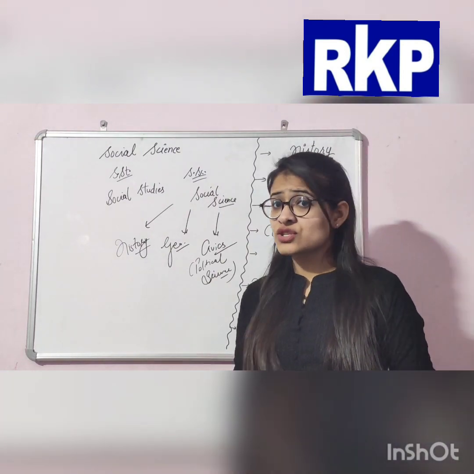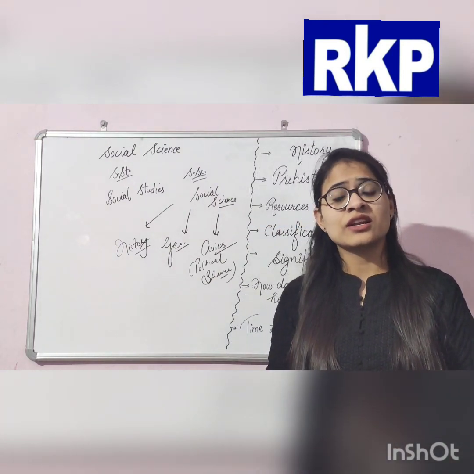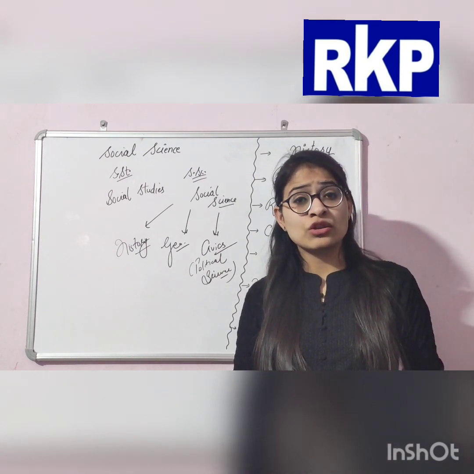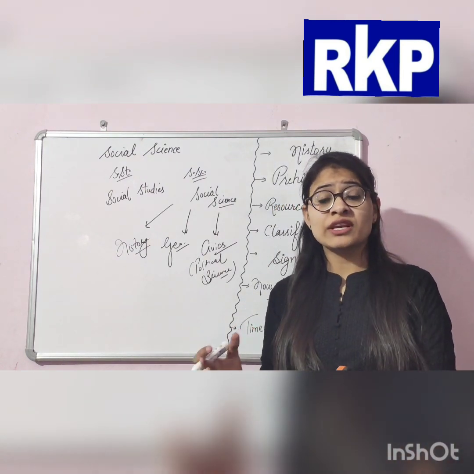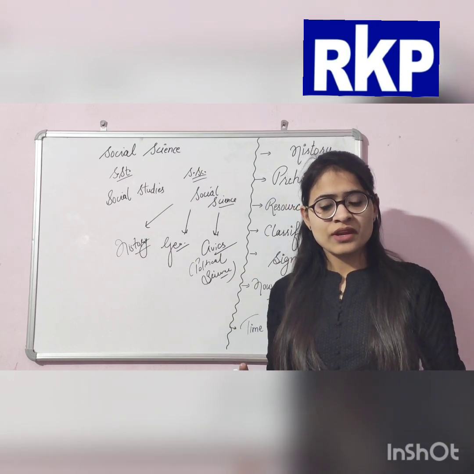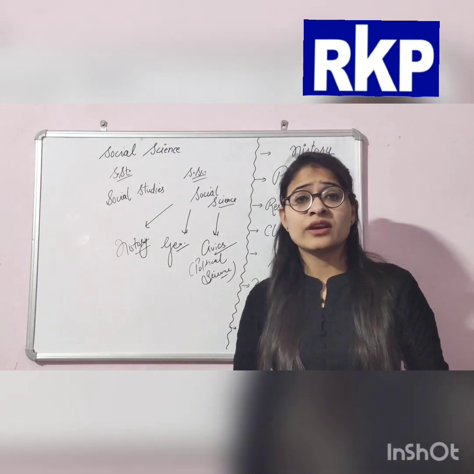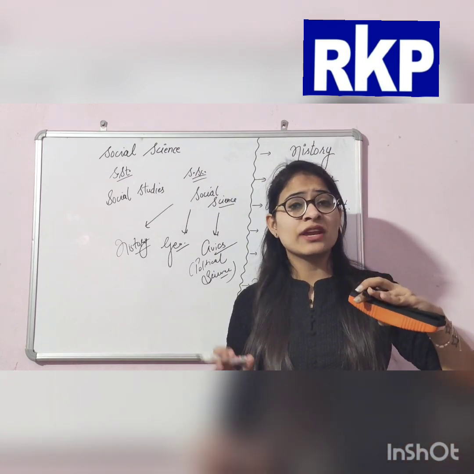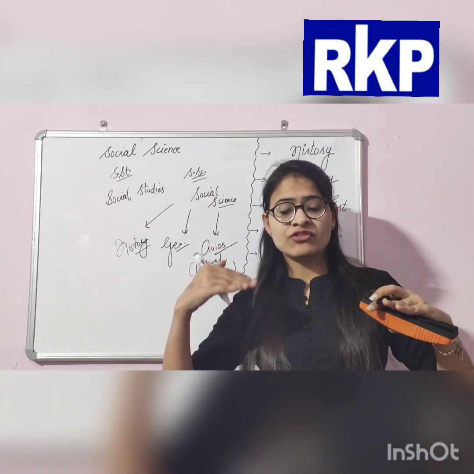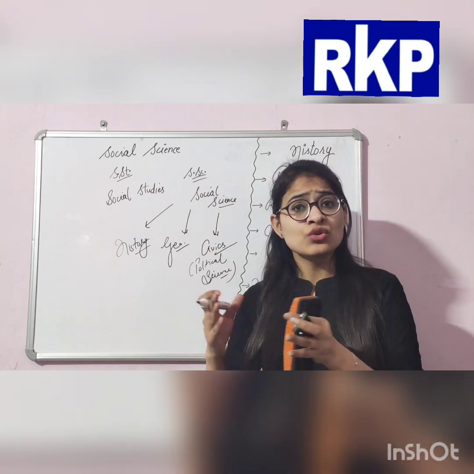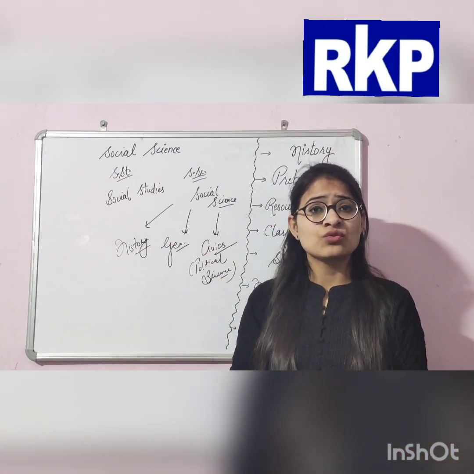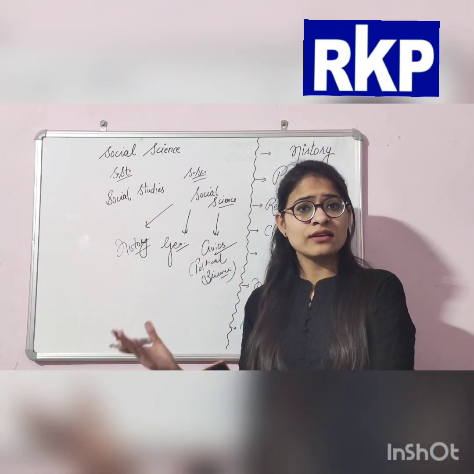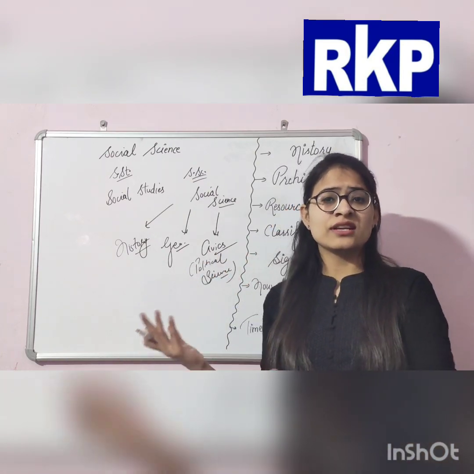History is the study of the past in chronological order. What is chronological order? The order in which something happened. Like, in which year I was born? That year will be kept at the top, and after that, when I went to school, to primary classes, then middle classes, and then senior classes.